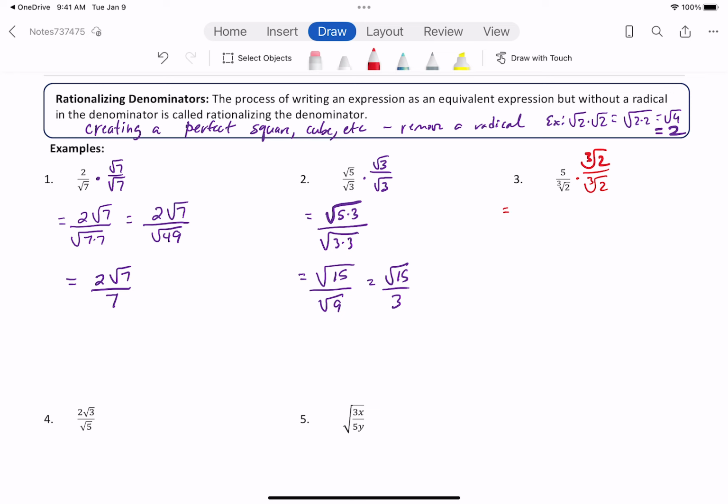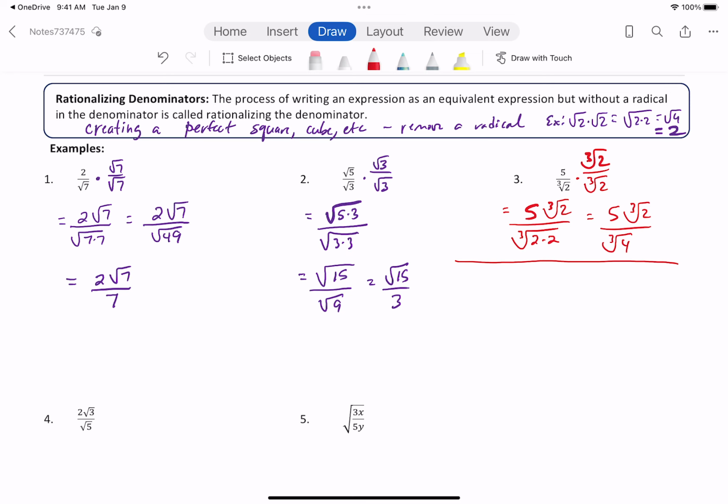If I did that, we'd get 5 times the cube root of 2 over, in the bottom, the cube root of 2 times 2. And we get 5 cube root of 2 over the cube root of 4. Well, the problem is 4 is not a perfect cube. So my root is not going to go away. I'm still going to have a radical in the bottom.